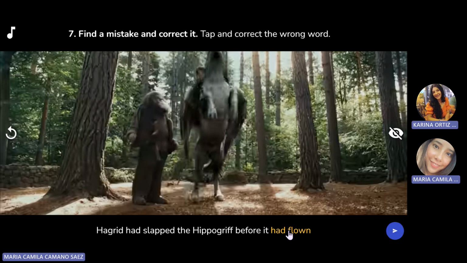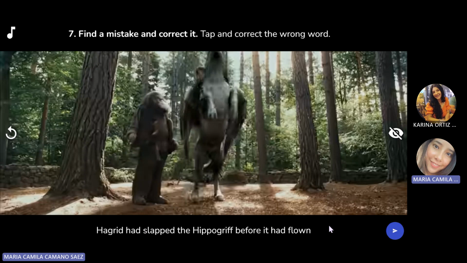Hagrid had enslaved the hippogriff before it flew. Okay, so do you think here is correct, but here is past simple and this is past perfect. Okay, are you sure?